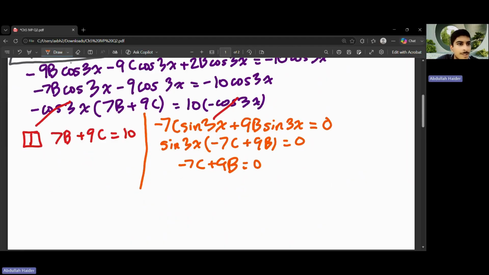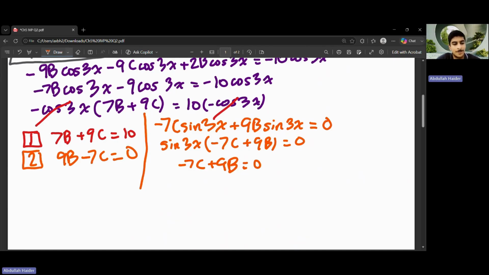So we have our second linear equation. Better to write it like this: 9b minus 7c is equal to 0.